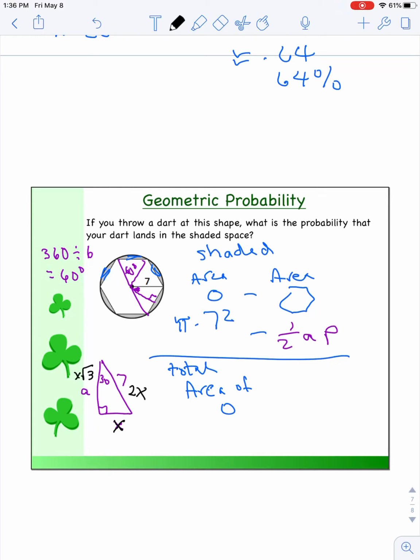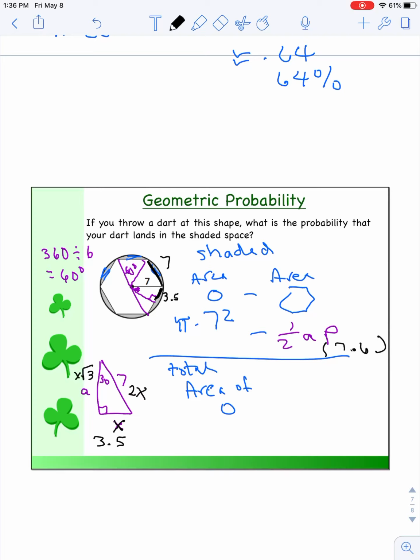So now if the 7 is 2 times x, then x has to be 3.5. So this little piece right here is 3.5, so the whole side length right there is 7. So actually now we can get our perimeter by taking 7 times 6, or 42.